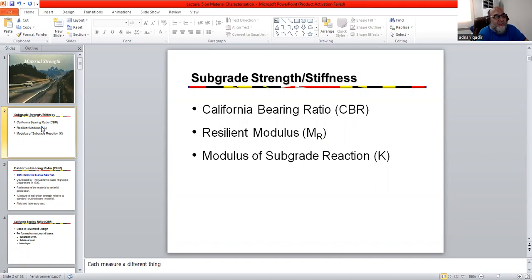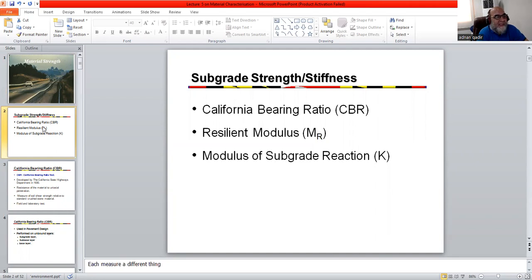California bearing ratio is a widely used method, and it's being used extensively in the pavement design of all highway, port, and airport structures.